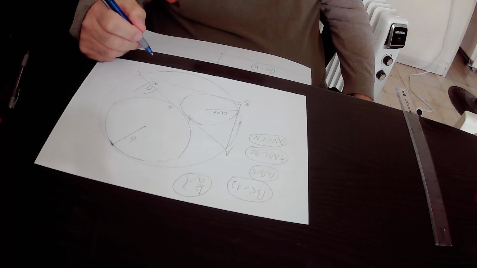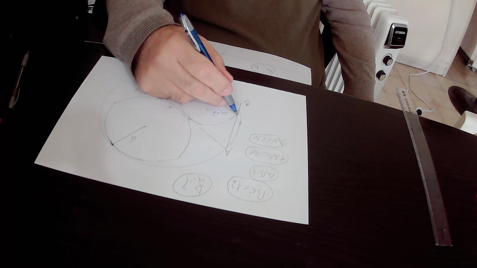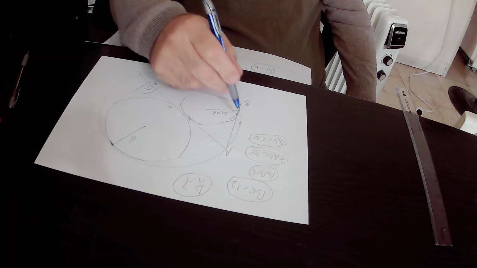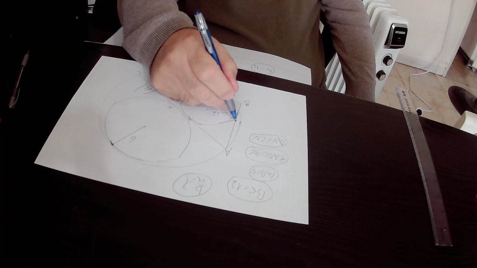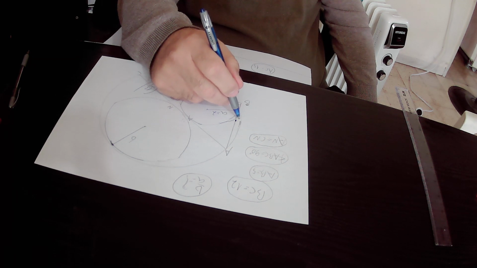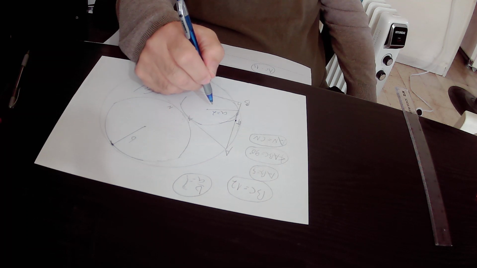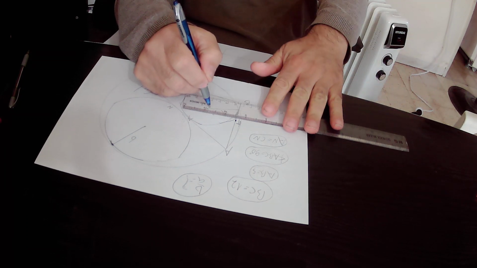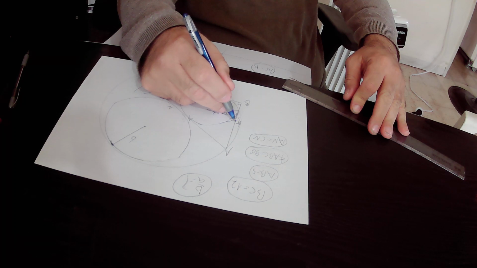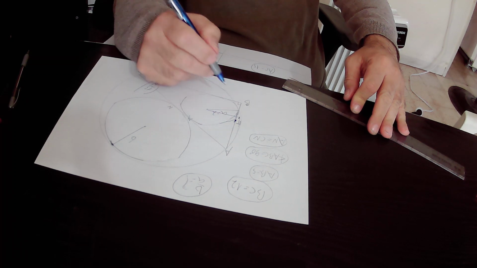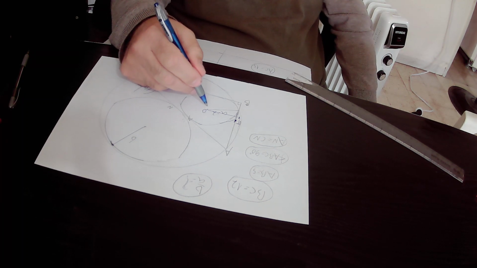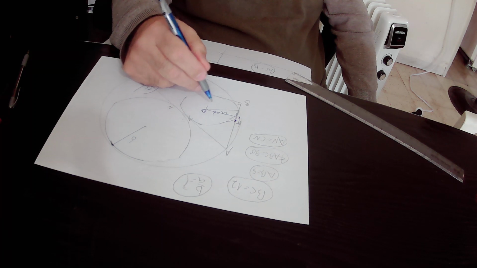Actually, AB is tangent to this circle at this point, so we define the point of tangency as T. We define the center of the circle as P. So we join points P and T together by a straight line.